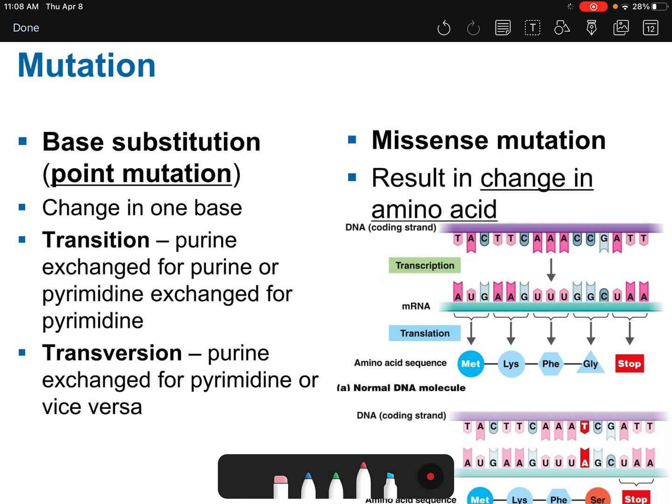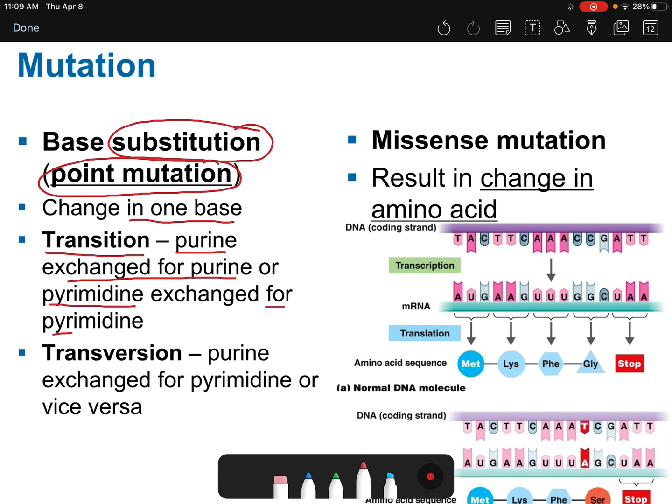One of the categories of mutations is what we call a point mutation, because it's a change in one base. Sometimes we also call this a substitution mutation, because all we're doing is substituting one base for another. There's two different kinds that can happen here. A transition mutation is where you exchange a purine for a purine, or a pyrimidine for another pyrimidine.